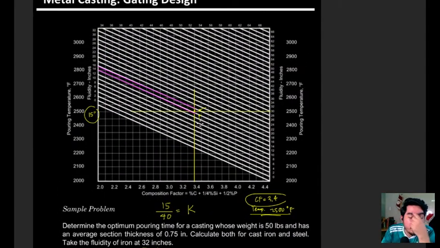For example, if the fluidity factor is 28 and the compositional factor is 2.6, you bring this up, go to the 28 line, and the optimum pouring temperature for that scenario should be around 2,900. So you can use this graph in many ways.